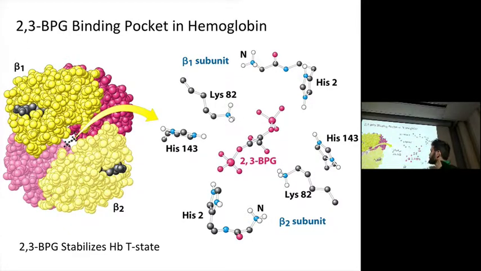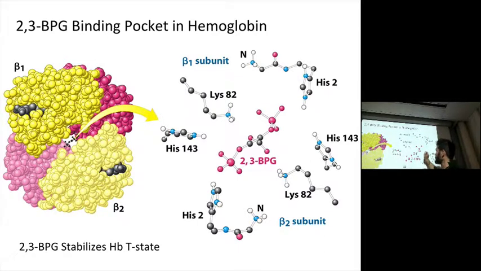And in that donut hole, on both of the beta subunits, there are three charged amino acids, histidine 143, lysine 82, and histidine 2. So there's this pocket of charge, a +6 charge, right?